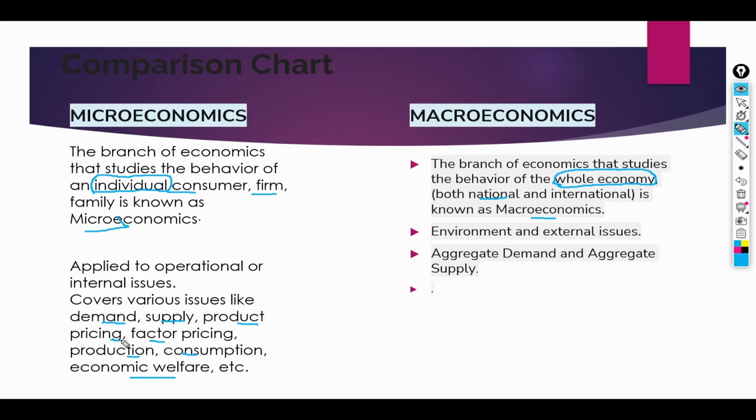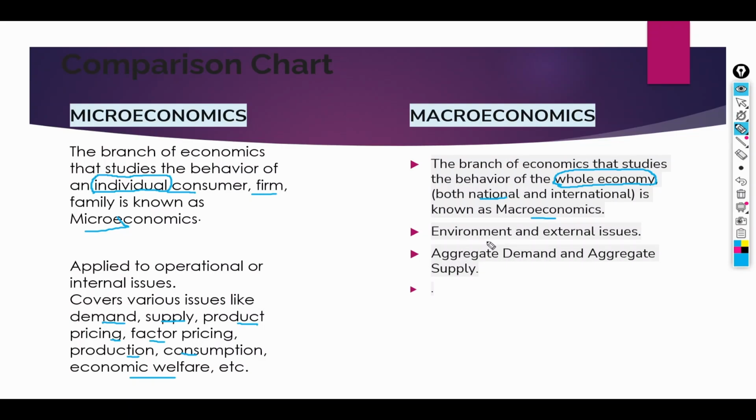What will be the effect on the demand, on the supply, how we should put the product pricing, what should be the factor pricing, and how should we do the production, consumption, how it varies, and what about the economic welfare. Okay, now look at macroeconomics.